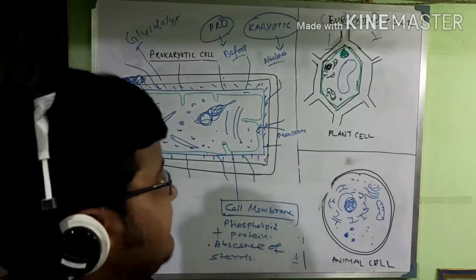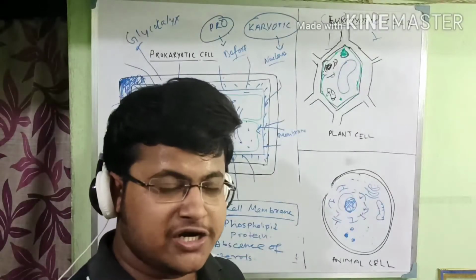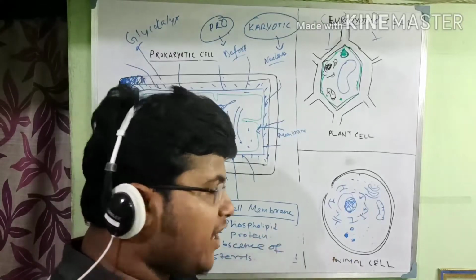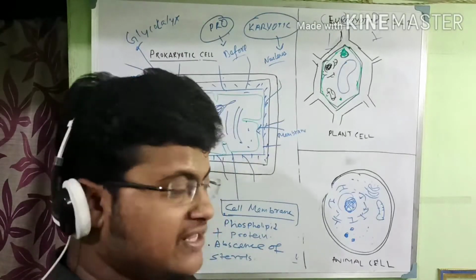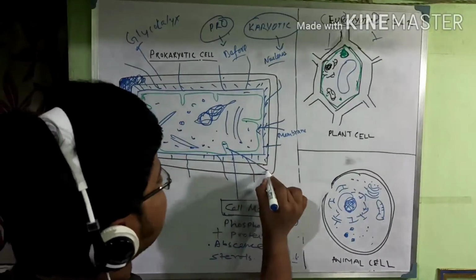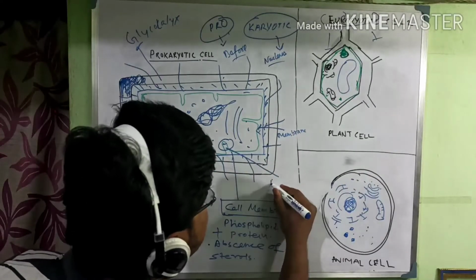So this is the cell membrane. But there is another structure of the prokaryotic cell which is totally absent in the eukaryotic cell, that is the mesosome. This portion is the mesosome.